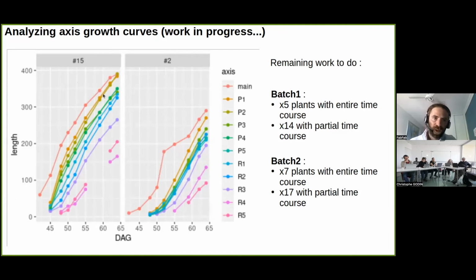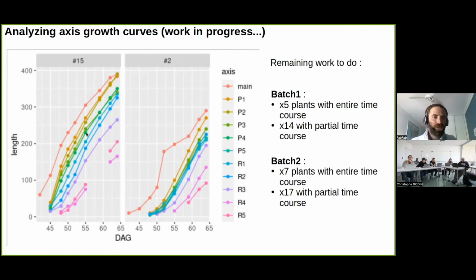P1 to P5 are the different paraclades, okay, and R1 to R5 are the different rosette branches that emerge from the rosette. So as I told you, if you stop the experiment at 45 or let's say 48 days, you will not see those branches. That's the same here. If you stop before, you will not see those branches because they emerge later. Okay.